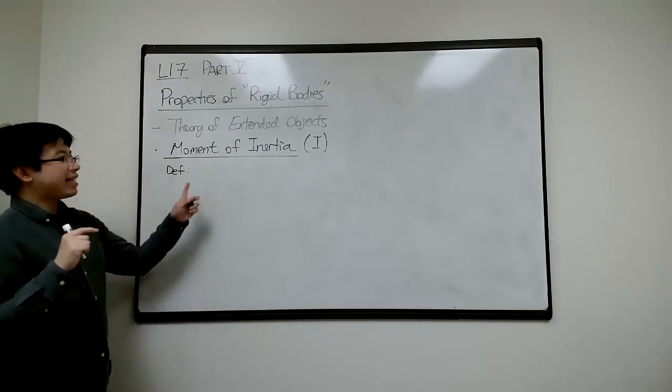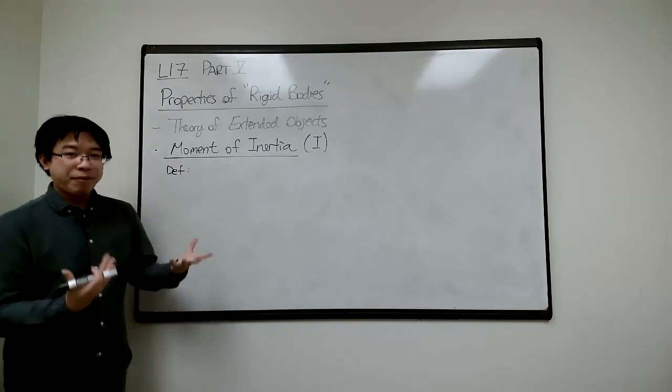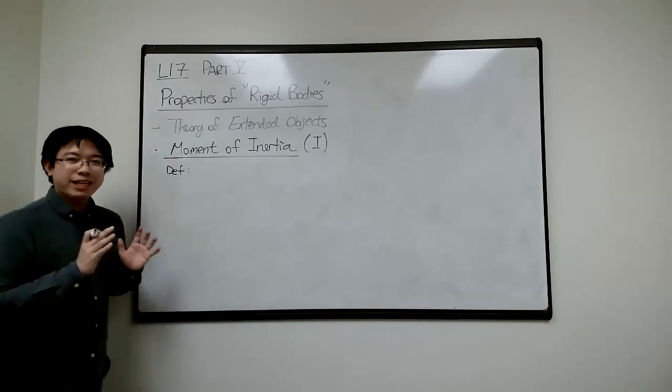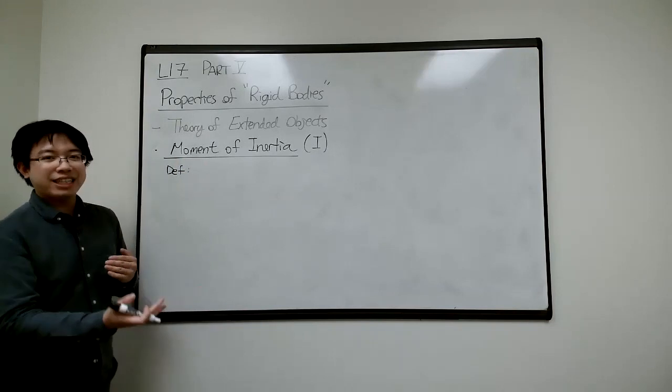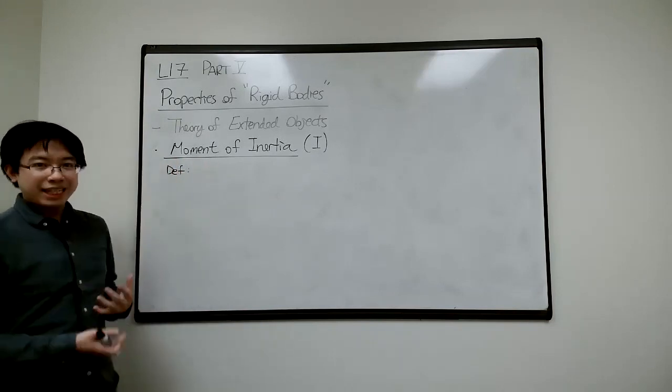Just a quick reminder: moment of inertia is not inertia. It is a type of inertia, but when people say inertia, they usually mean linear inertia. Moment of inertia is rotational inertia.